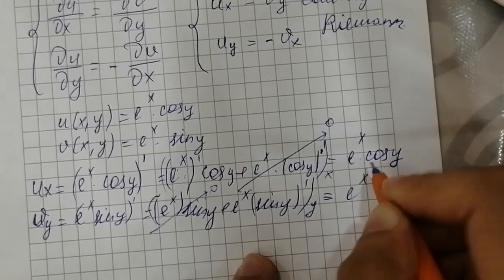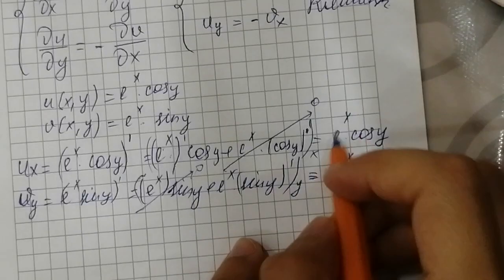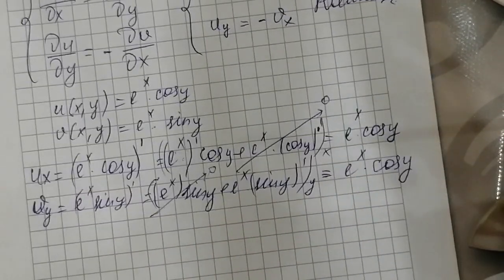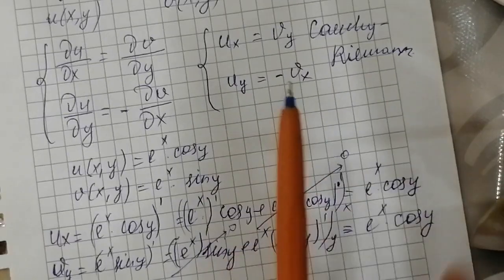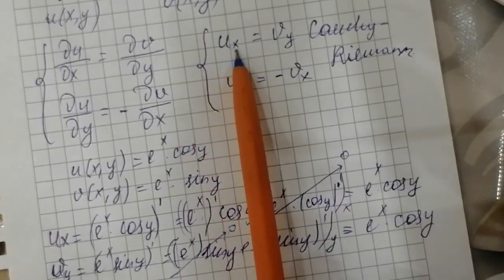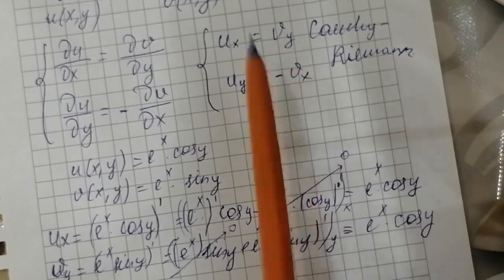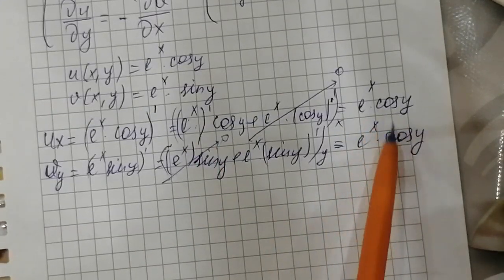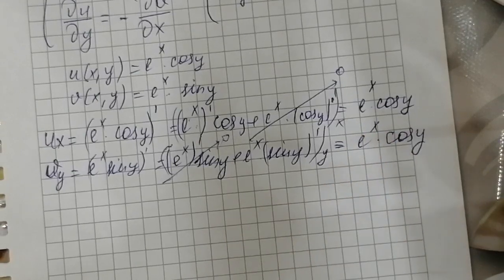It is equal to exponential x times cosine y. The first condition is satisfied: the derivative of function u with respect to x is equal to the derivative of function v with respect to y. It is explicitly seen that they are equal to each other.